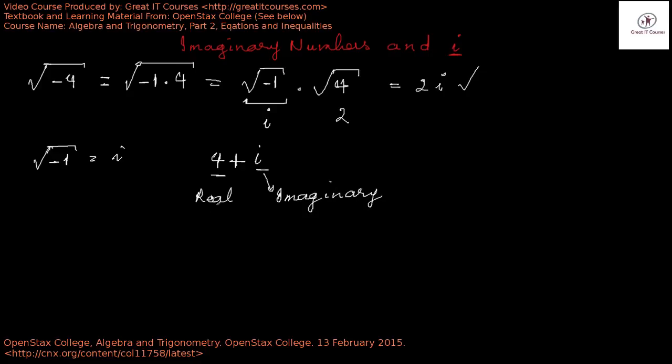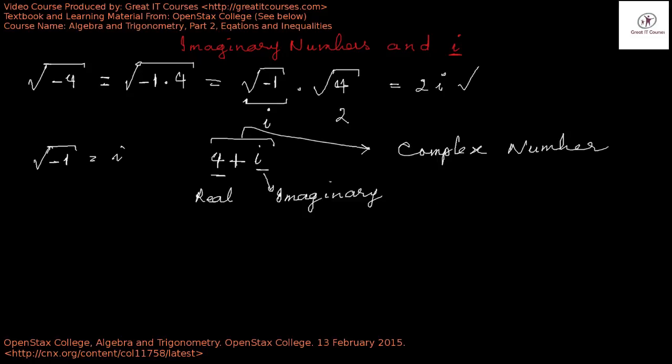If you add a real number to an imaginary number, what you get is called a complex number. So a complex number is an expression where a real number and an imaginary number have been added together, or you could say a complex number has a real part and an imaginary part, added together.